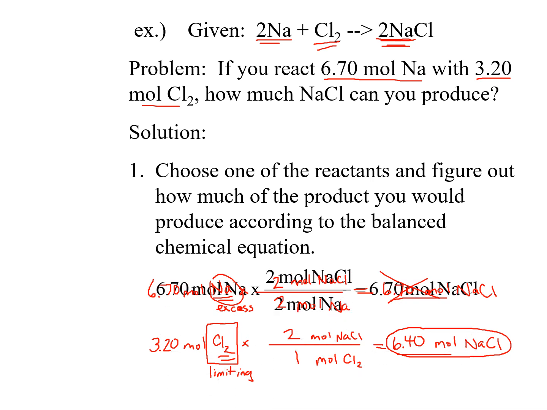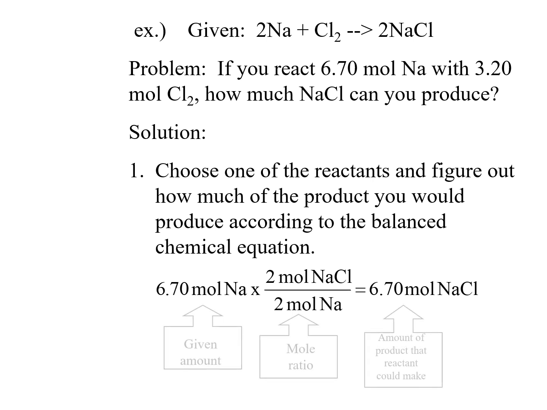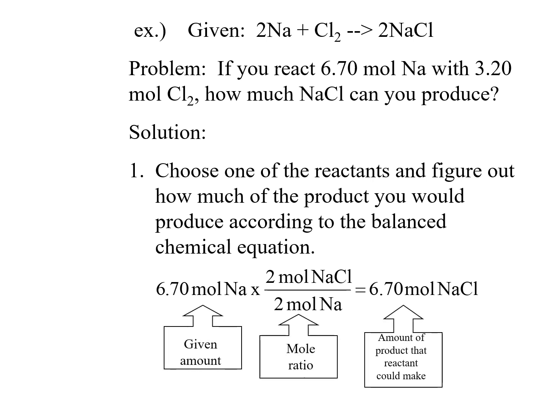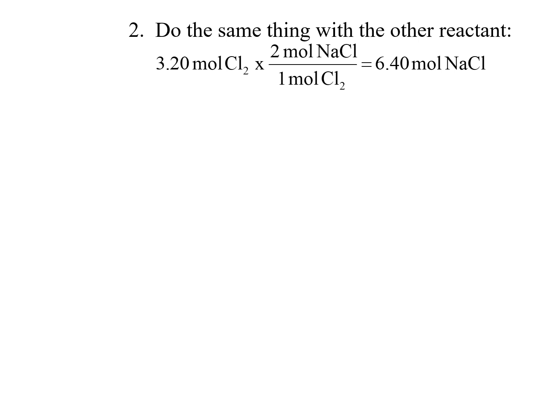Okay, here we go. So we did the first problem where we started with the Na. That was the given, and then we used the mole ratio, and then we found out how much product the Na could make us. And then we did the same thing for the other reactant.